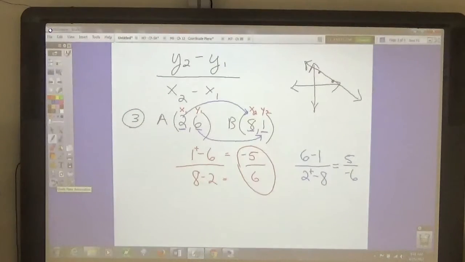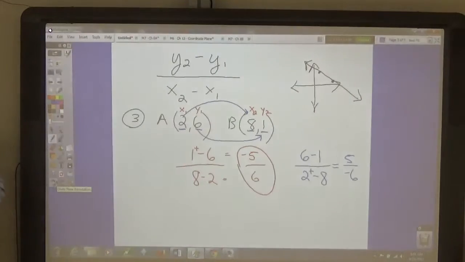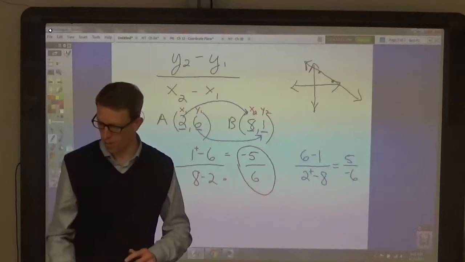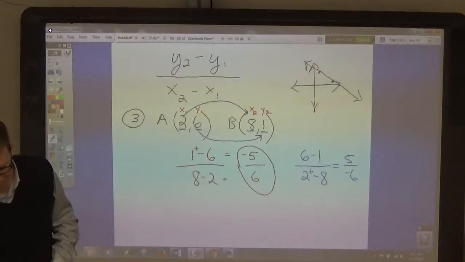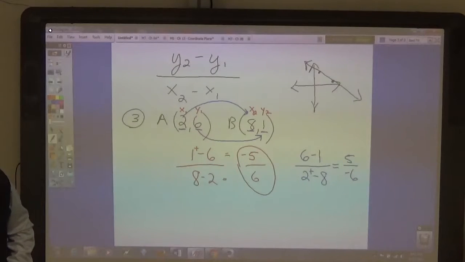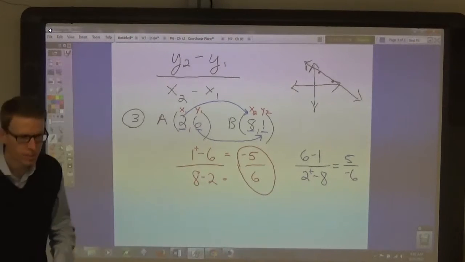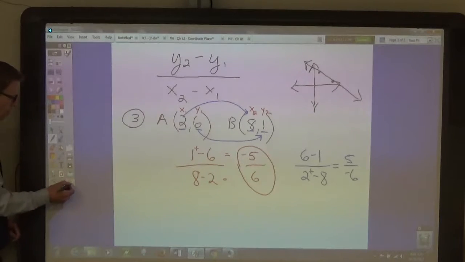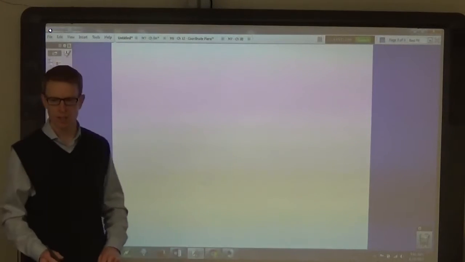What's number 4? Who has number 4? Jen? Negative 2 over 1. Good. Negative 2 over 1. Check your answer for number 4. Did you get it right? Number 4 is negative 2 over 1.